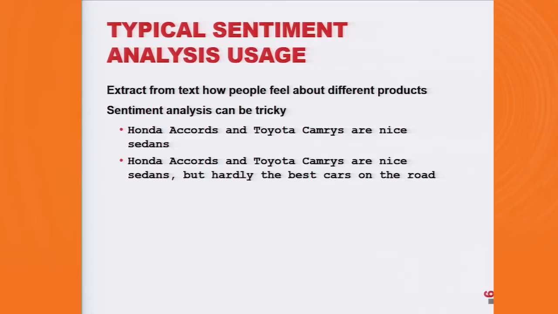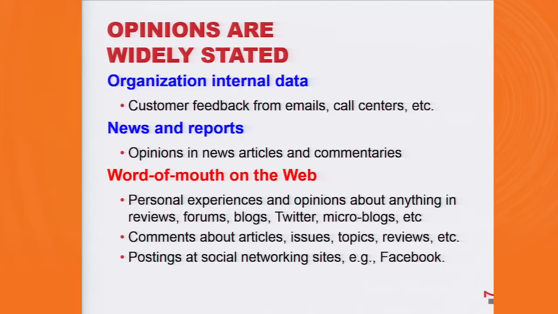And you can see why it's not easy, and we'll talk about it more later, to just work at the word level. You really need to understand the semantics, the context in which something is written, to understand the meaning and if it's positive or negative. So you can see the first sentence definitely sounds positive, but when you add an additional phrase, it becomes mediocre. It's not negative, but it's definitely not a positive sentiment.